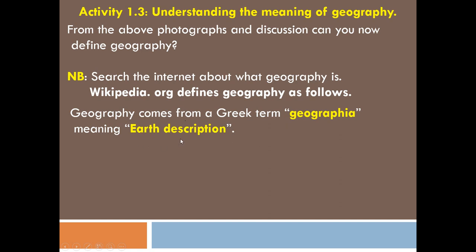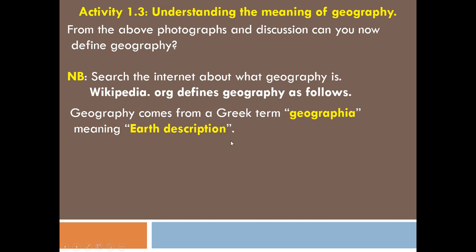And what is the earth? The planet where we are living, the environment where we are living. So according to this site, geography is a Greek word, geographia, which means describing the earth.